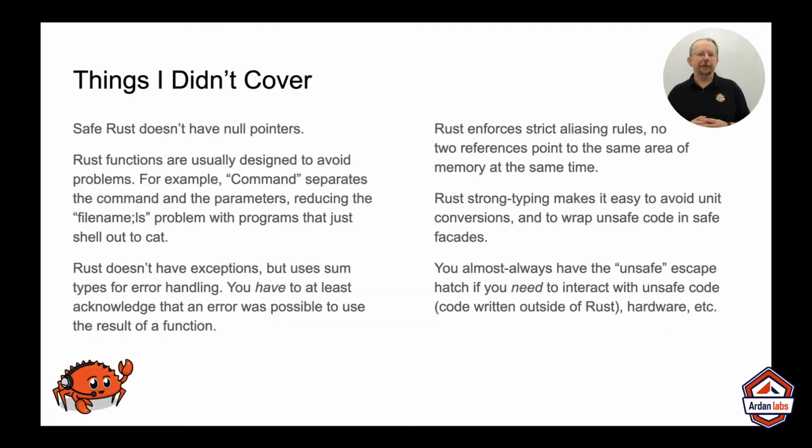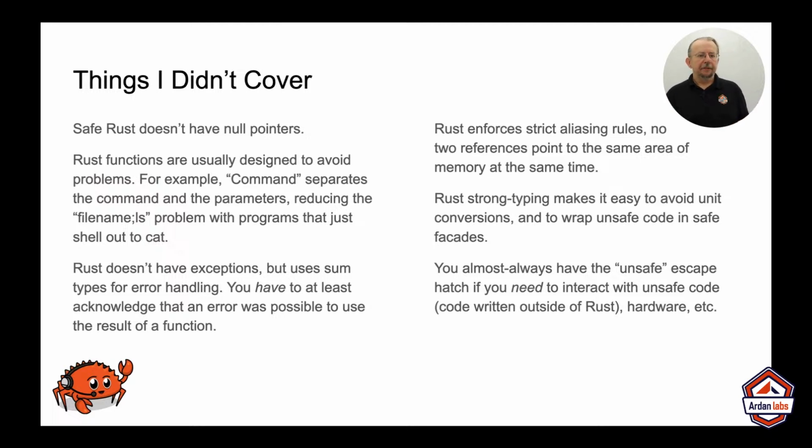I didn't talk about null pointers, probably because this topic's been done to death. Safe Rust doesn't have null pointers. Whenever you might be tempted to return a null, the standard library and well-written libraries will return an Option, None or Some. And because it's an enumeration, you have to either match or if-let to read inside.